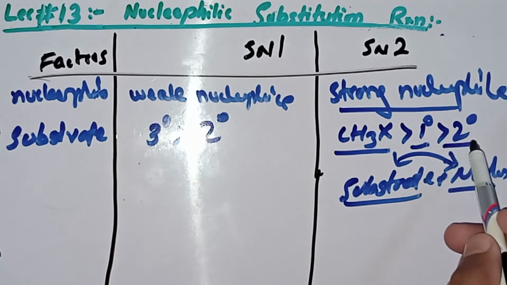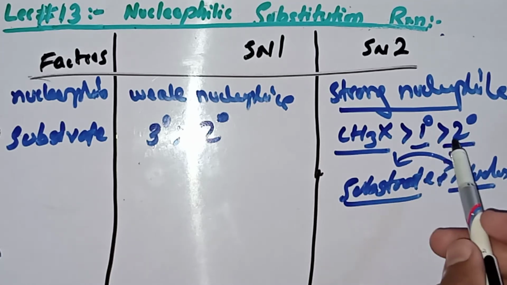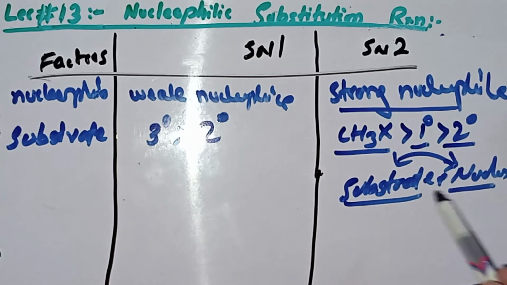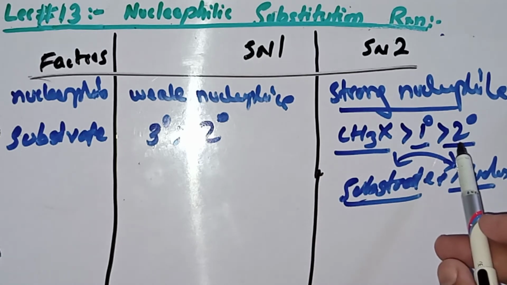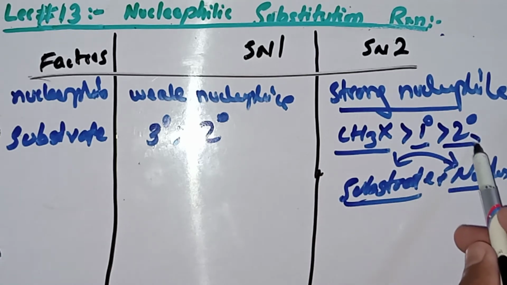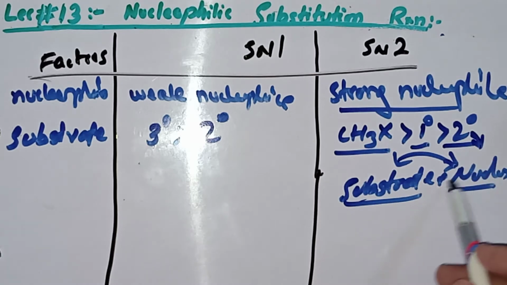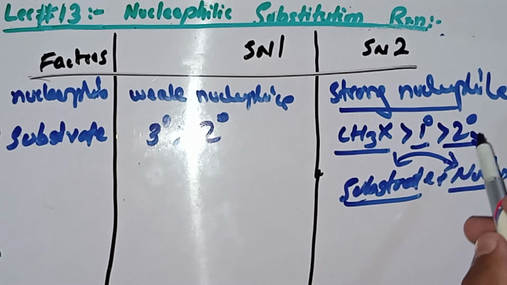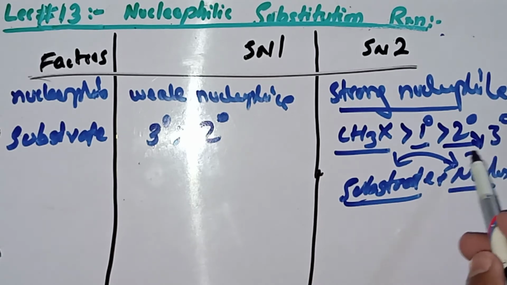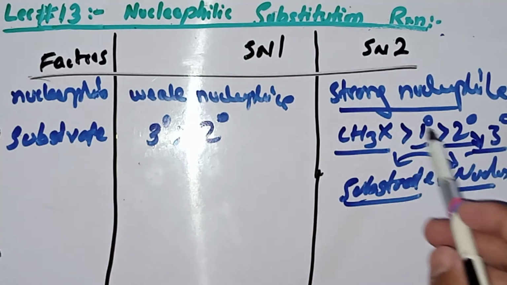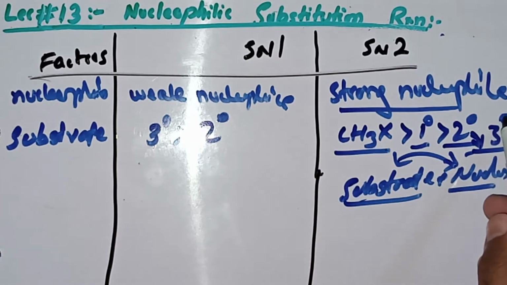The 2-degree alkyl halide is a very poor substrate when we add a strong nucleophile, because it is sterically hindered and produces steric hindrance to the nucleophile, so the reaction will not be effective. While for 3-degree alkyl halide, the extent of SN2 is negligible, so SN2 reaction cannot occur.